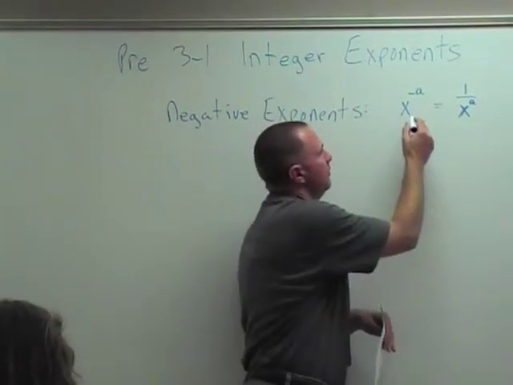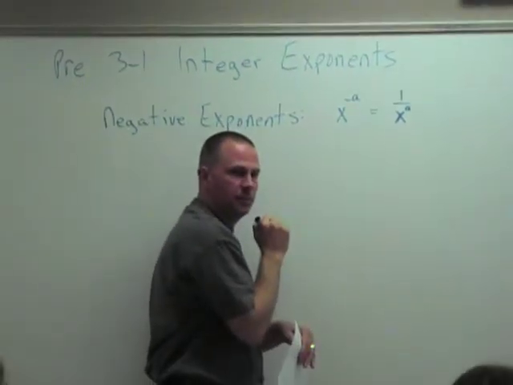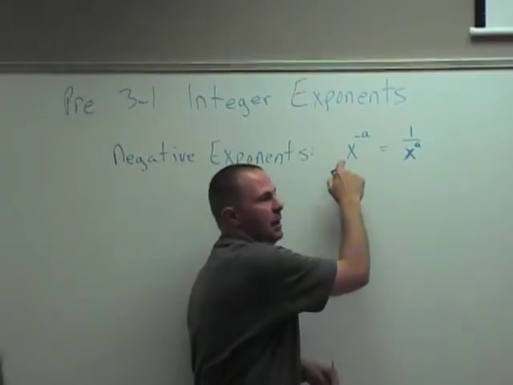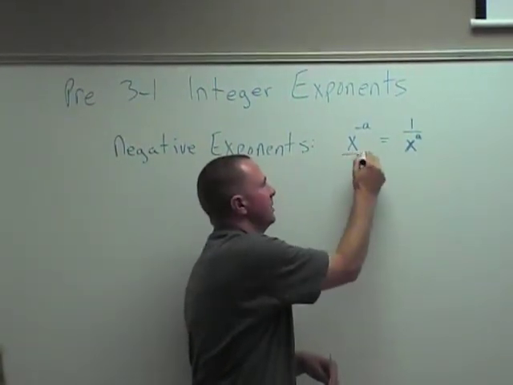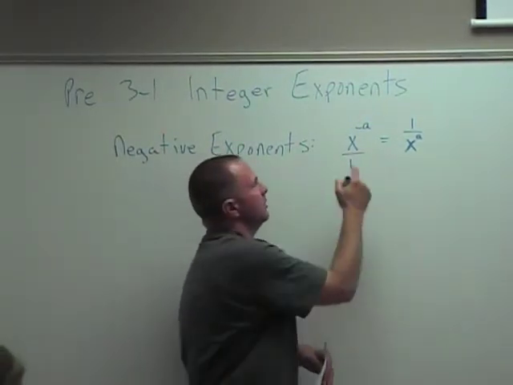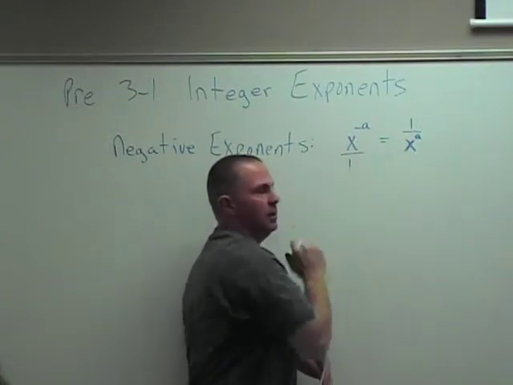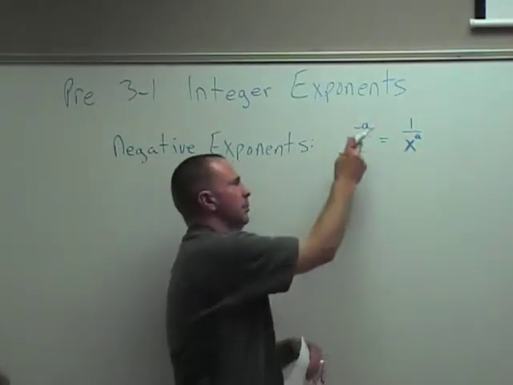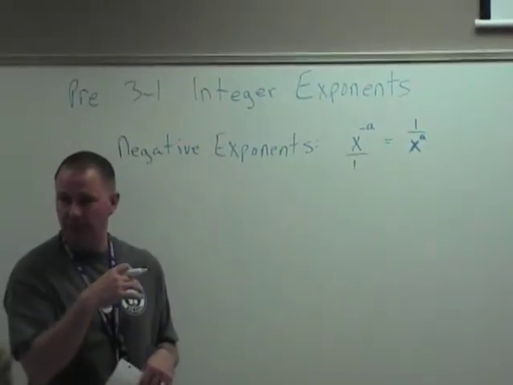You're going to move the base, which is the x, that's attached to the negative exponent, into the opposite position. Right now, it's in the numerator. If we had to write it as a fraction, you write it like that. To make it positive, you move the base and the exponent into the opposite position, from numerator to denominator. If it was in the denominator, you'd move it up to the numerator.